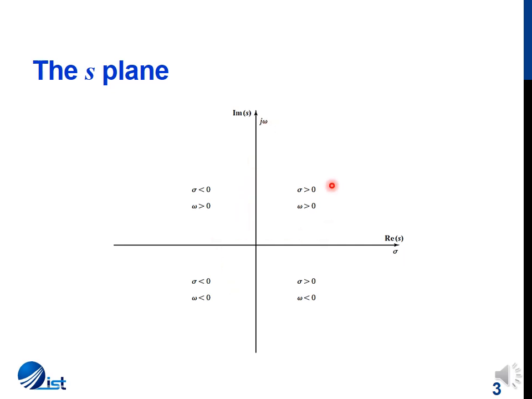Similarly, the same is going to happen for the s-plane, where the first quadrant is the case where both sigma and omega are positive. The second quadrant is the case when sigma, the real part, is negative and omega is positive. The third quadrant is where both sigma and omega are negative, and the fourth quadrant is the case where sigma is positive but omega is negative.